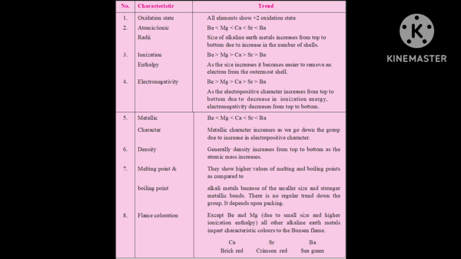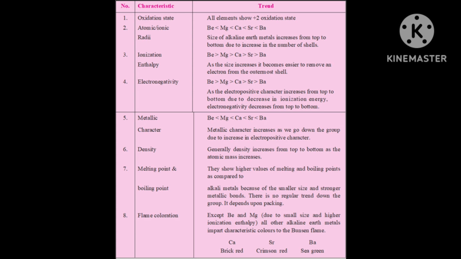Now come to the melting point, that is in Kelvin. Because beryllium is small and the electrons are close to the nucleus, it is very difficult to remove the electron, and it will take more temperature for melting.